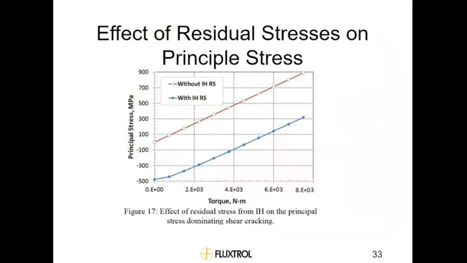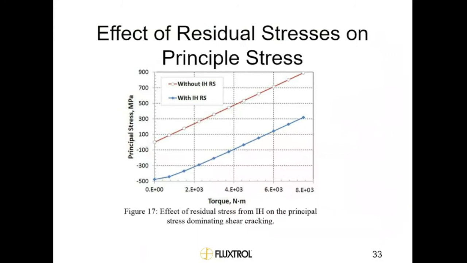If we look at 900 megapascals, which is probably pretty close to the principal stress the component could take, you'd see that it occurs at 7,500 Newton meters of torque. Meanwhile, if you consider the residual stresses, we're only at 300 megapascals of stress, well below the load carrying capacity of the component.